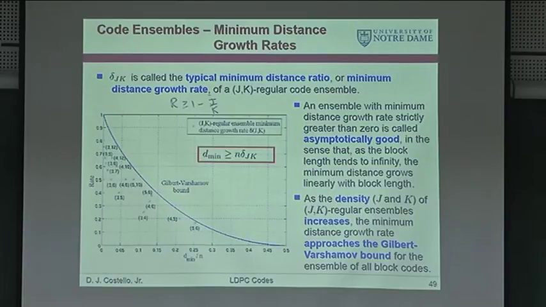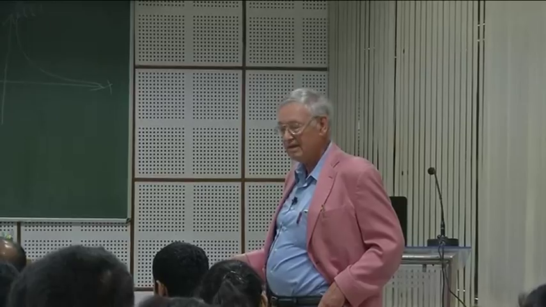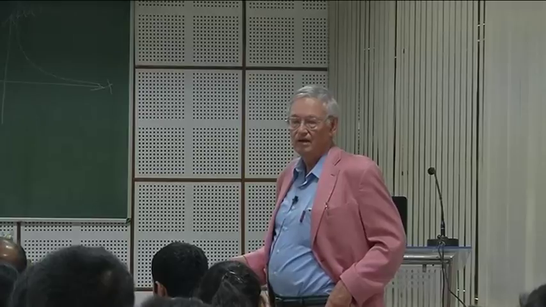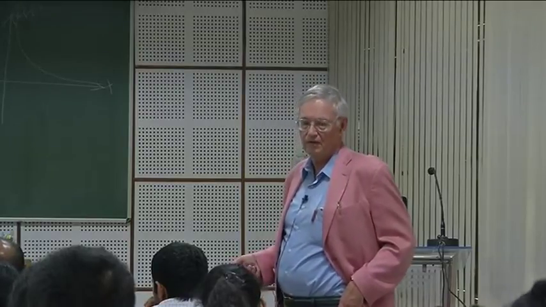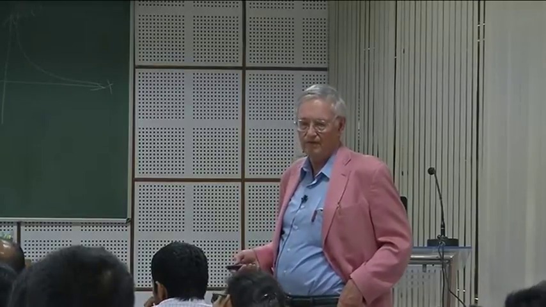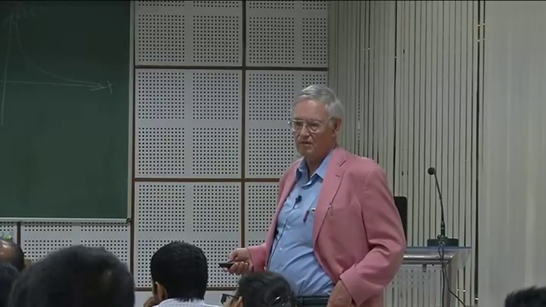Belief propagation, which has only linear complexity in block length. So it's a huge difference in complexity. So you pay a little penalty in distance, but you get a big savings in terms of complexity of decoding. So that was Gallagher's original idea with regard to the invention of low density parity check codes.